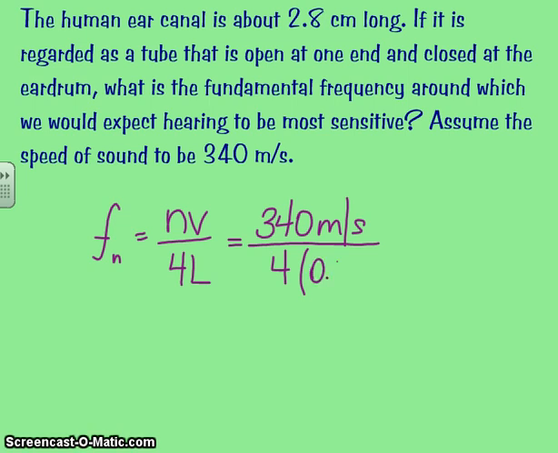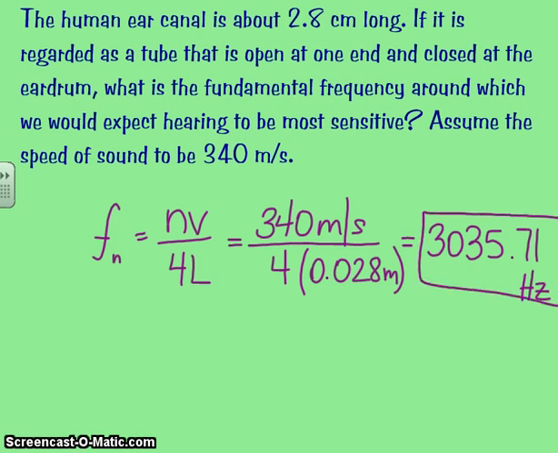So I will plug in 0.028 meters. Plug all that in my calculator, and I end up getting 3,035.71 hertz. One quick check I could do is make sure that's in the range of human hearing, and fortunately it is.